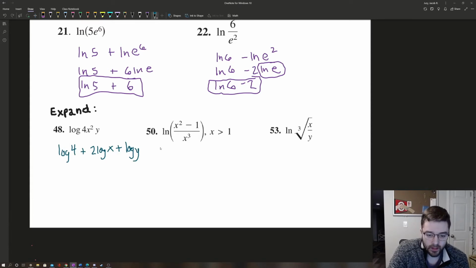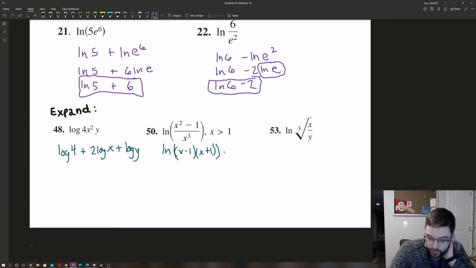Now 50 has division in it and it has some powers on its variables, but what I see as well is I can factor that numerator. So I'm going to go ahead and split this up, and I'll factor as well. So I'll have x minus 1, x plus 1, because it's a difference of squares, in my numerator, and I'll subtract my denominator as a logarithm.